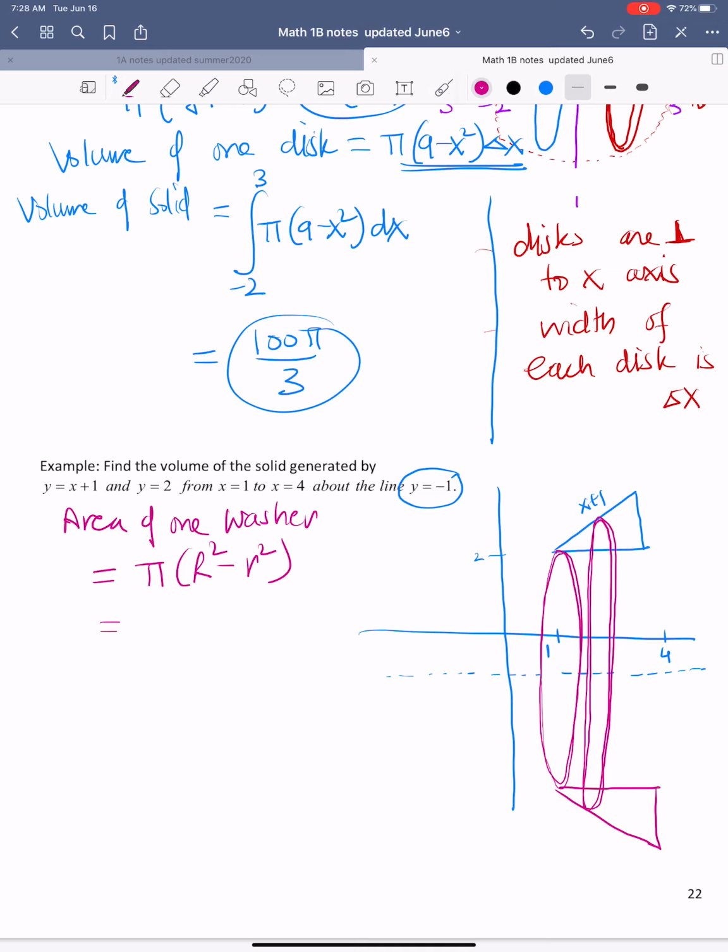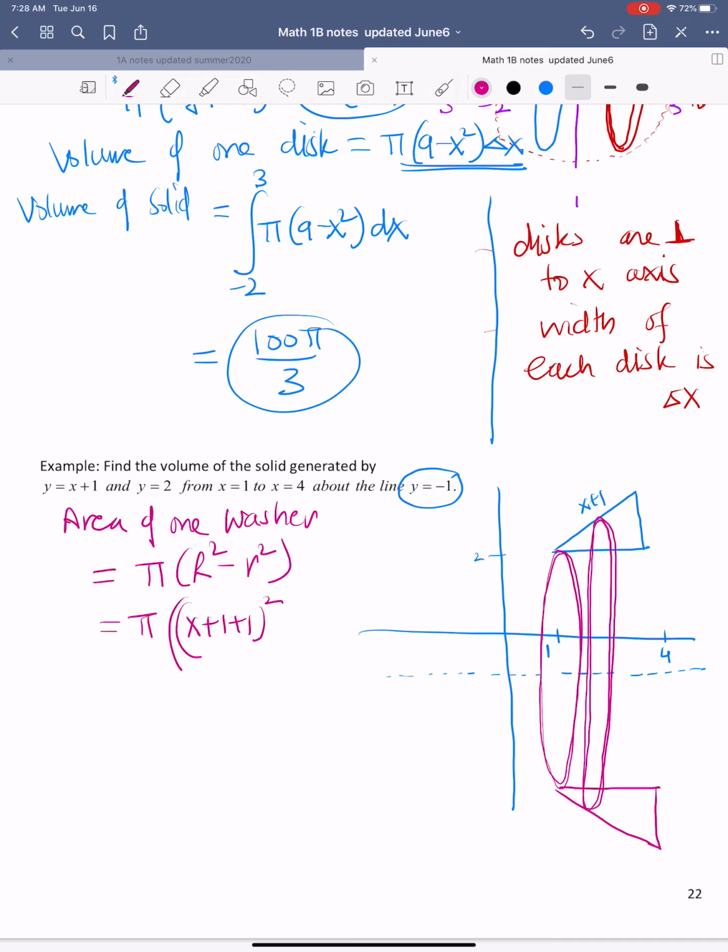There's no change to the outer radius, but there is a slight change to the inner radius, so it's pi times the outer radius, x plus 1, squared.